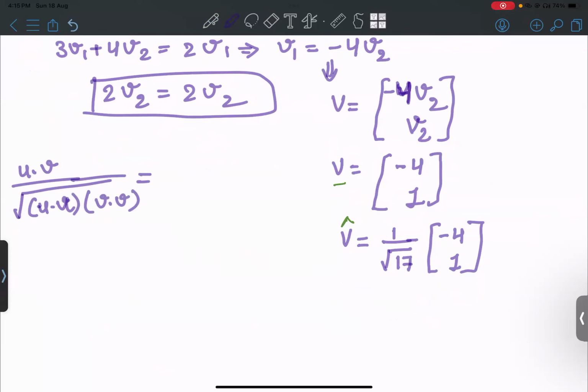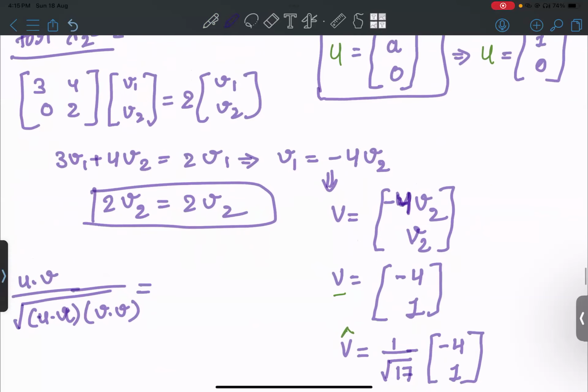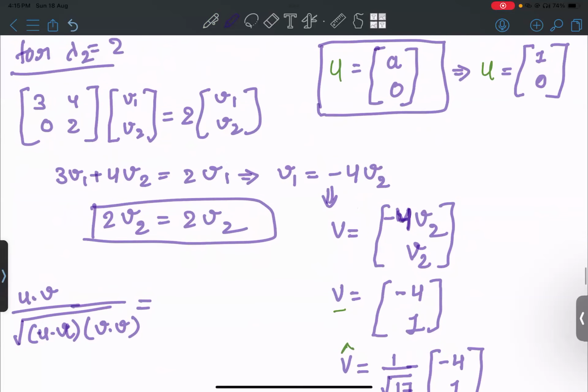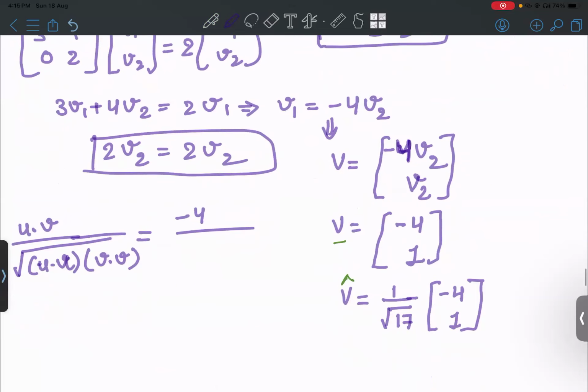So u dot v will be what? Corresponding elements will be multiplied. So minus 4 will be multiplied to 1, and this 1 will multiply to 0. That will lead to minus 4 divided by the magnitudes. The magnitude of u will be 1, and the magnitude of v will be root 17. So minus 4 divided by root 17.